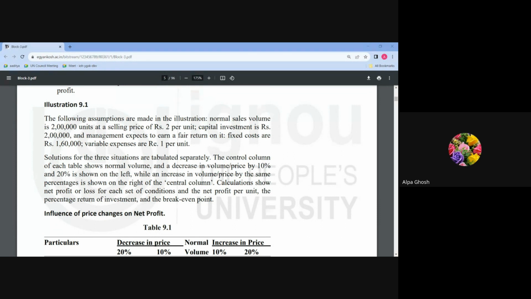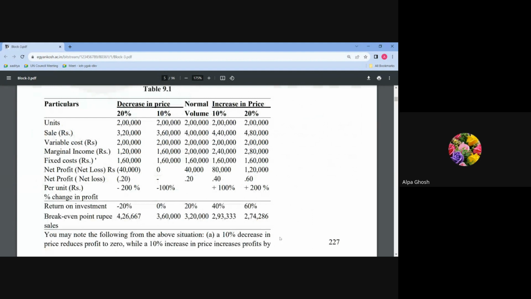What is 20% of 2 rupees? 0.4. Okay. So 2 minus 0.4 will be 1.6. That is what we are calculating here, in the form of decrease in price.